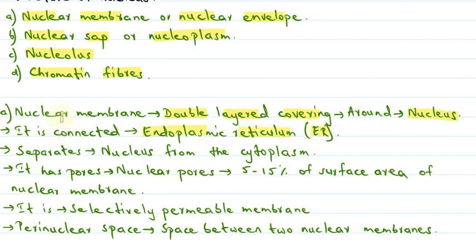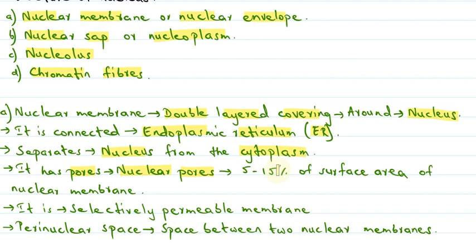So what is the function of the nuclear membrane? It helps in separating the nucleus from the cytoplasm. The nuclear membrane has several pores, known as nuclear pores, and these mainly help in the transfer of materials from inside the nucleus to the outside, that is to the cytoplasm.